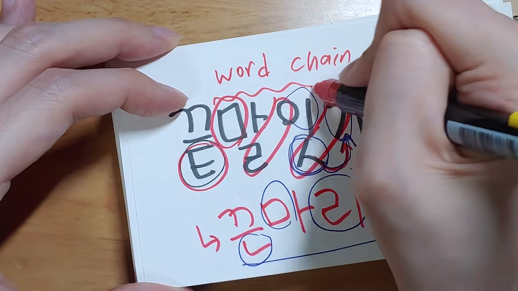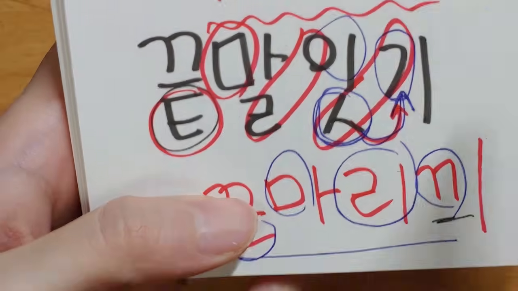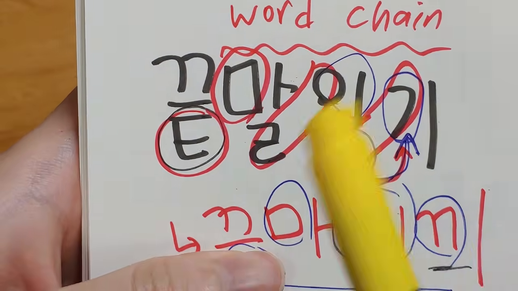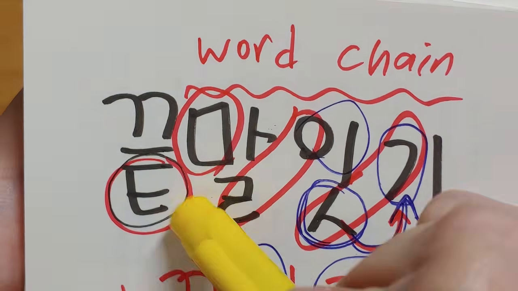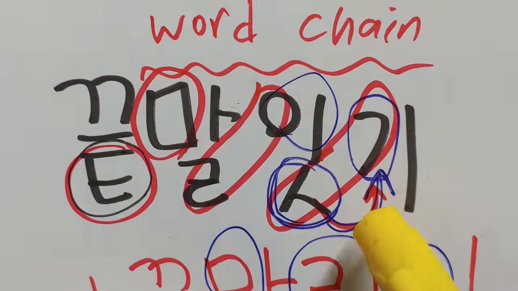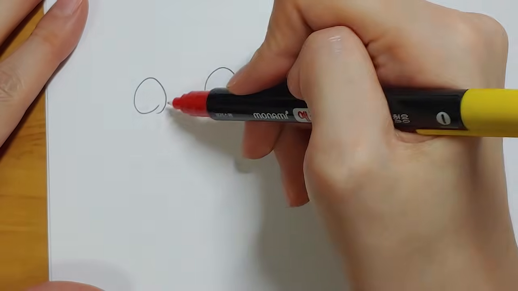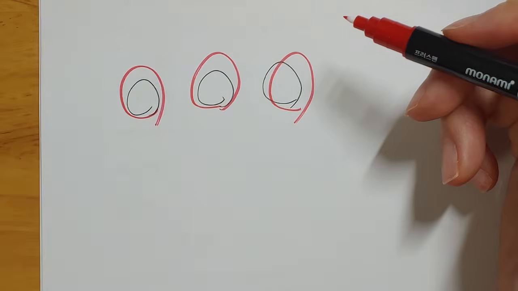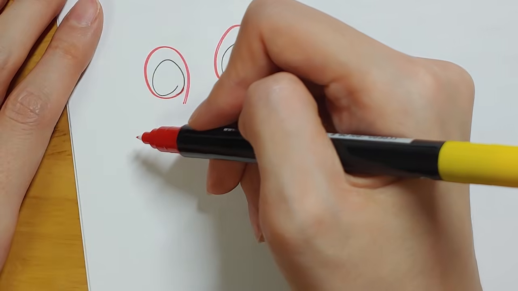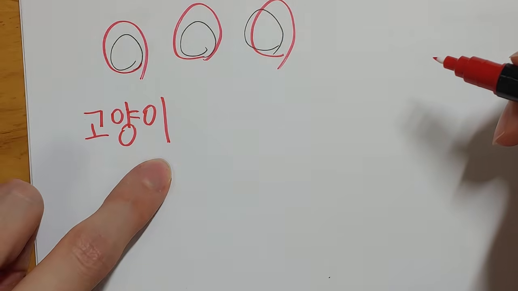It's really helpful if you practice your vocabulary doing this game. To break down this word, literally it means end, word, connecting. So it's like connecting the letter that's at the very end. Let's say there are 3 people playing this game, and the first person gives a word in Korean, and it's 고양이, right?